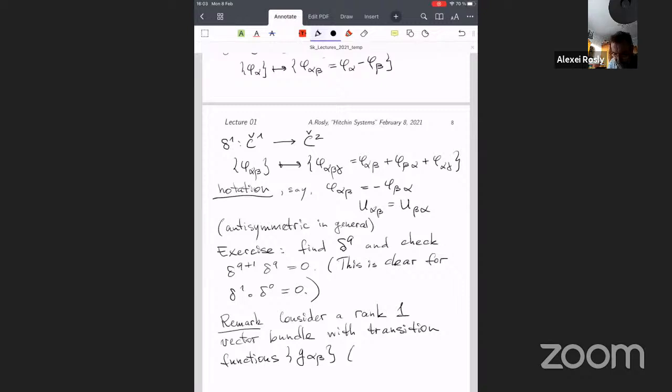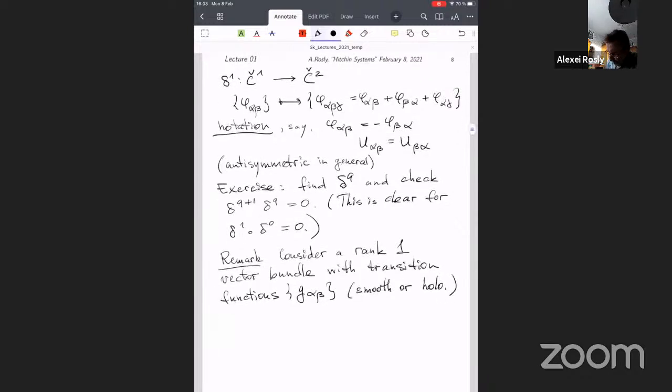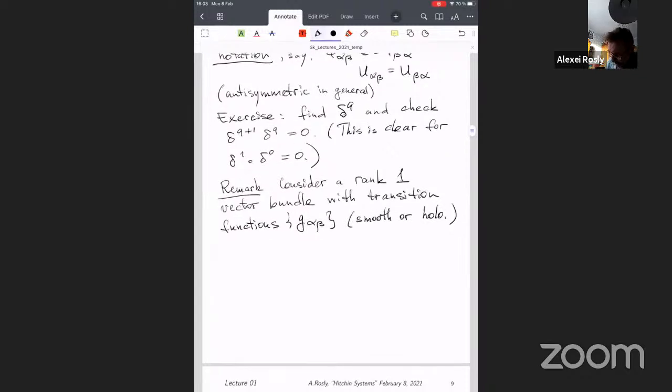And the following applies to both the smooth and holomorphic case. So the one cocycle condition mentioned above, namely G alpha beta, G beta gamma, G gamma alpha equals 1.